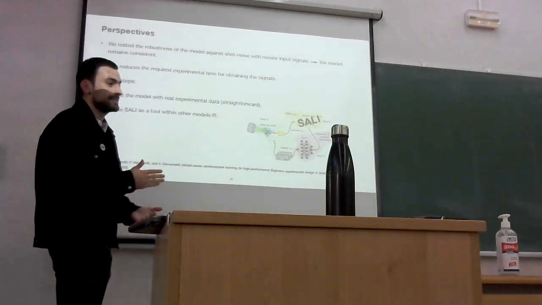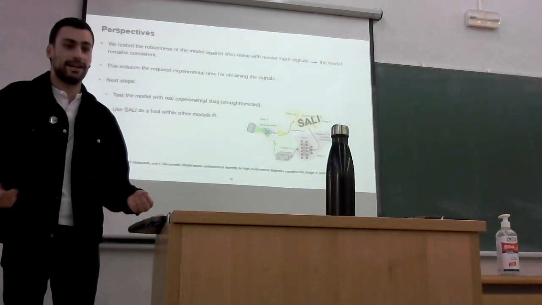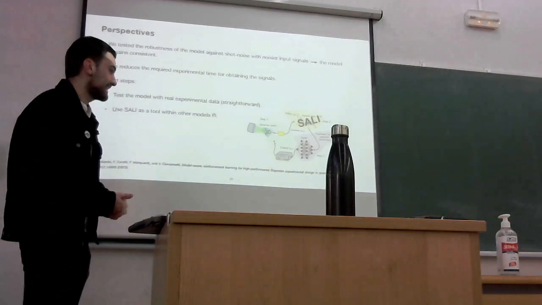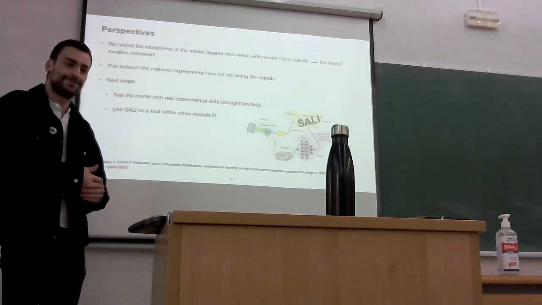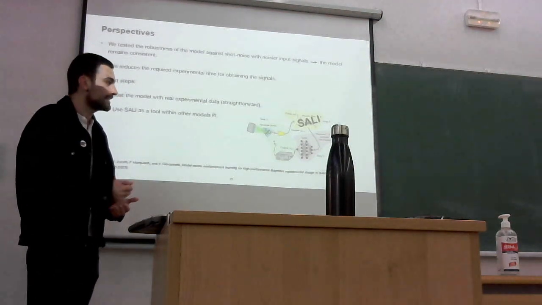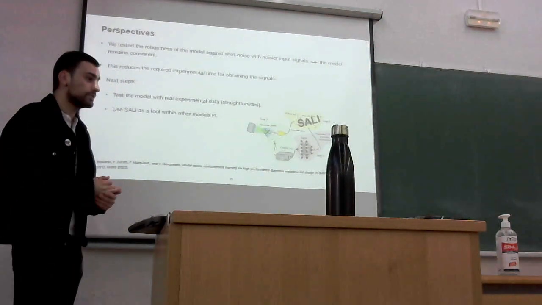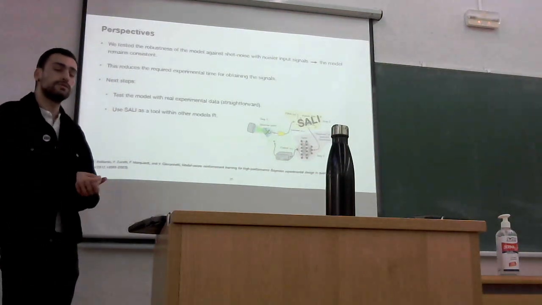Next steps for this are, first of all, to try this in a real experimental setup and see if it works. I hope so. And then to use it directly in an experiment. Another idea was to include this just as a tool within another model.